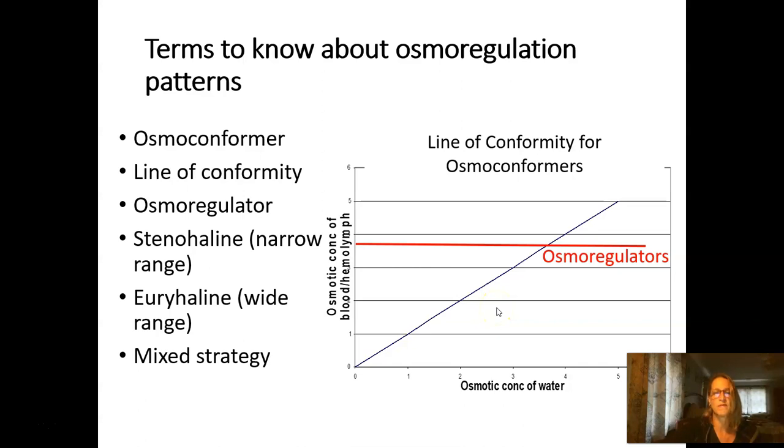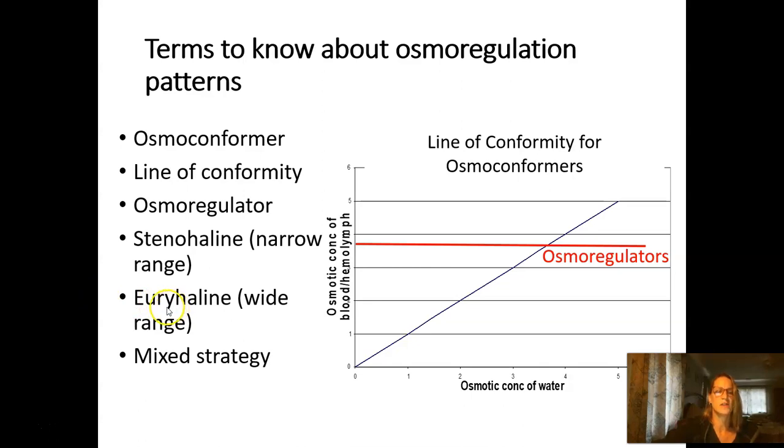Another example would be fish that spend part of their life in the ocean and part of their life in freshwater. Those organisms, like salmon, would also be considered euryhaline because they can exist in a wide range of osmolarity of the medium they're swimming in.